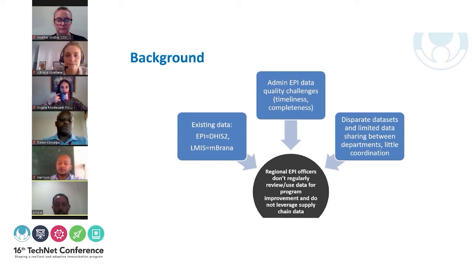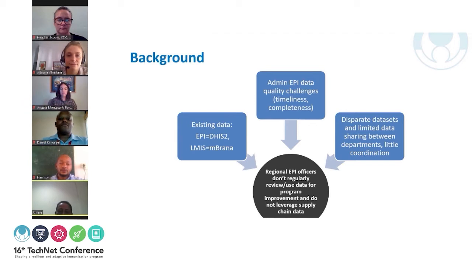The word Brana may be unique to Ethiopia; the M stands for mobile. Brana is a traditional name that Ethiopia had been using anciently, a goat skin to write on as a paper using a locally prepared ink. So we call it Brana. So this is for the vaccine or immunization supply chain data dashboard. So these are the main data sources for triangulation.